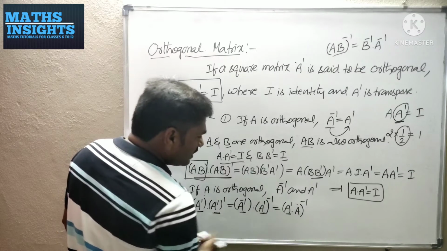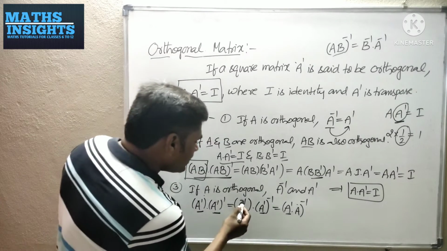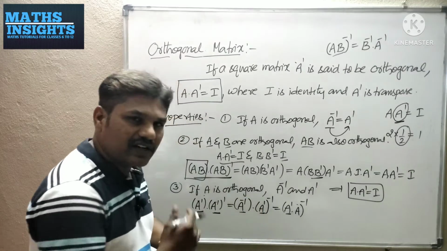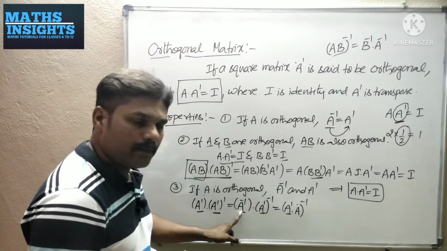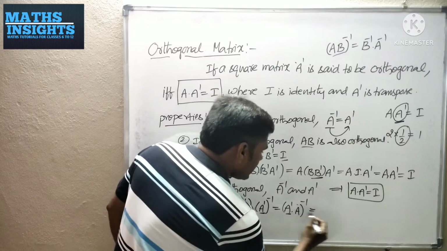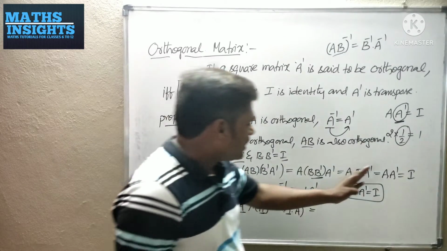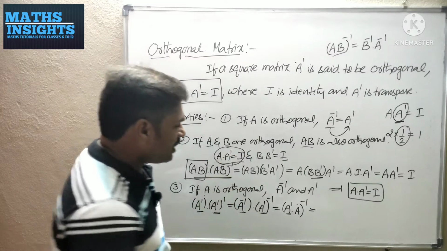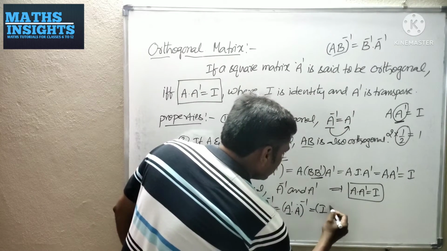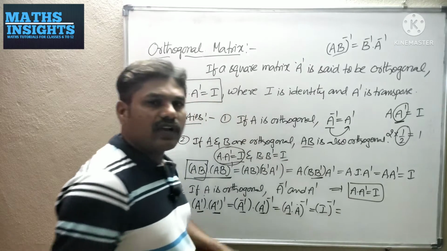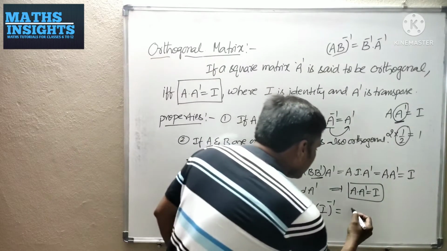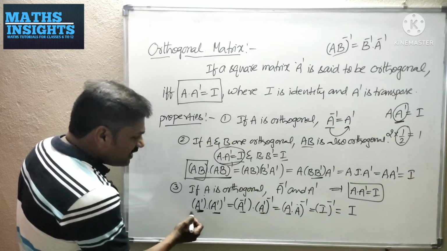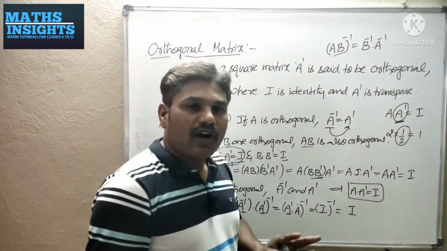If you want to take the inverse of both of them at a time, you have to change the order. A dash and A whole inverse. This A dash into A, otherwise A into A dash, both are equal to I. Therefore I whole inverse, that means the inverse of the identity matrix will give you again the identity matrix. Therefore this A inverse is also said to be an orthogonal matrix.